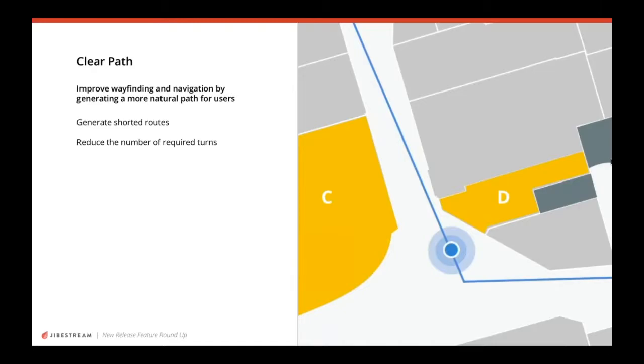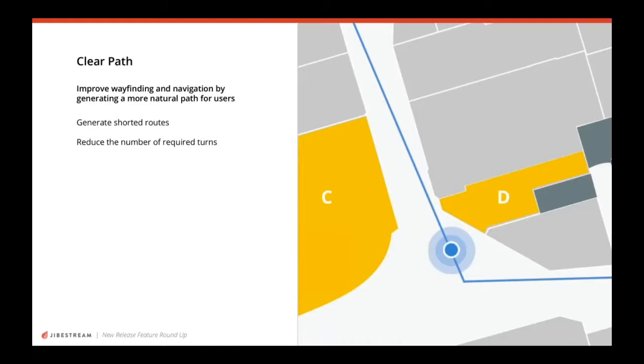So ClearPath does this in a number of ways, but one example is that instead of giving the user instructions to walk around any possible obstacle in a hallway, so things like fountains, advertising kiosks, etc., it draws a straight path through these obstacles to the next major decision point on a route.